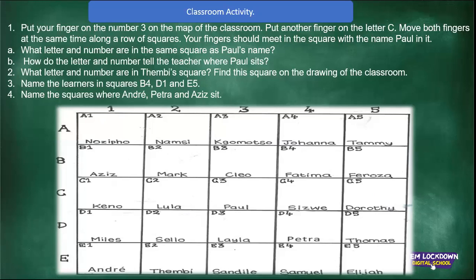Ma'am, I can't see E1. You can't see E1? Ma'am, I can't see the whole row. Let me see what I can do.